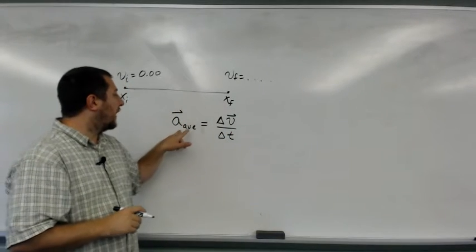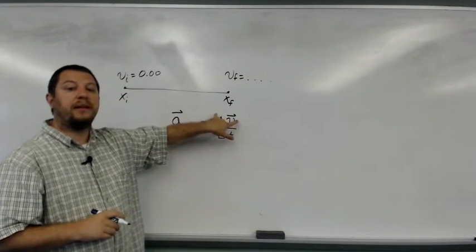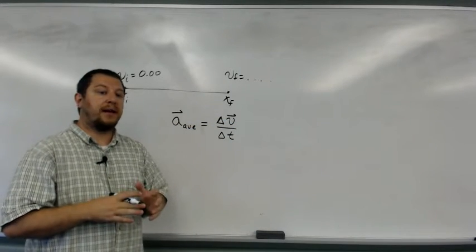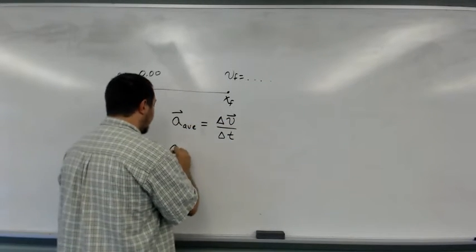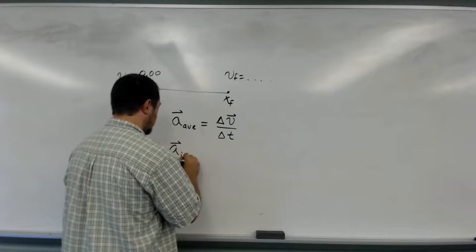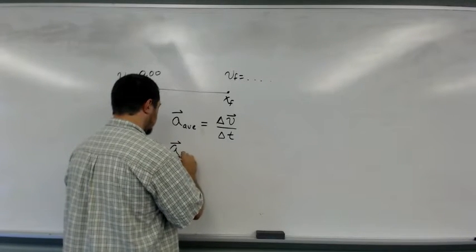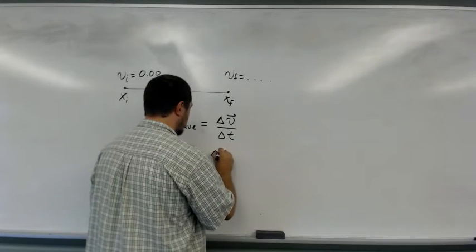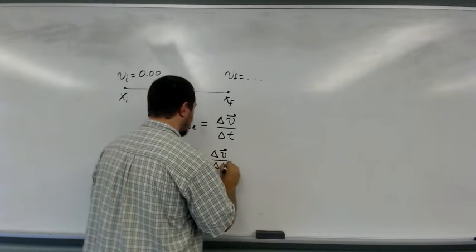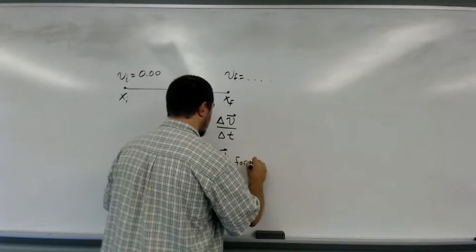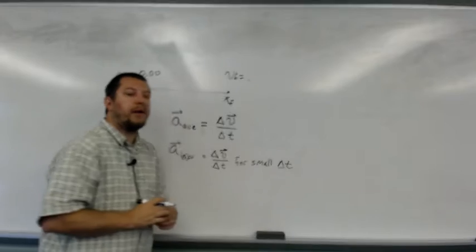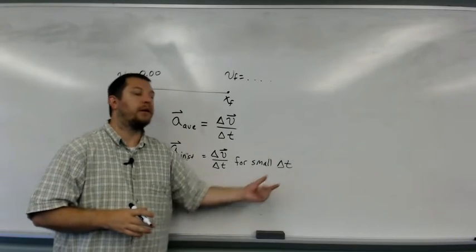Your average acceleration is going to be the total change in the velocity, while your instantaneous acceleration is going to be measured over an extremely small time interval.